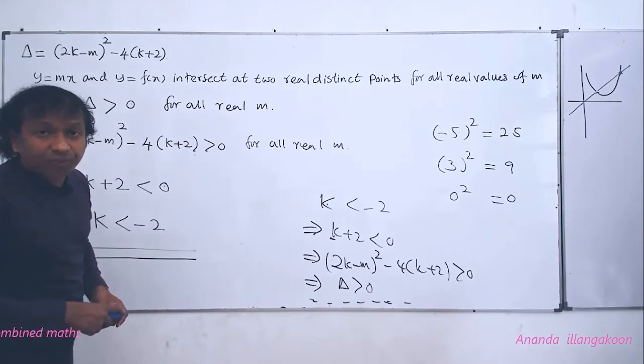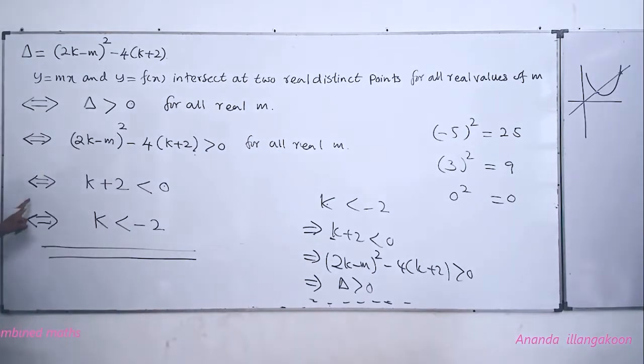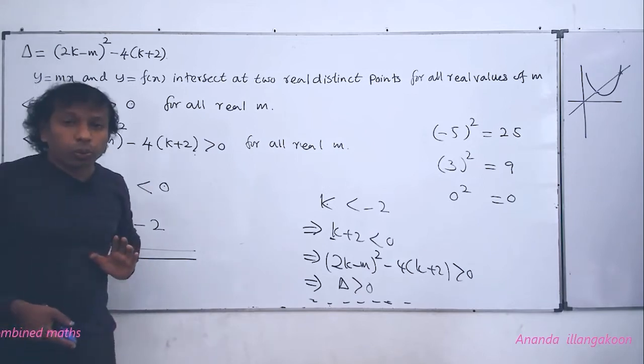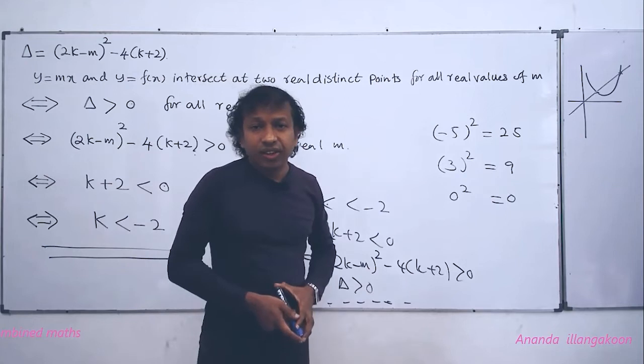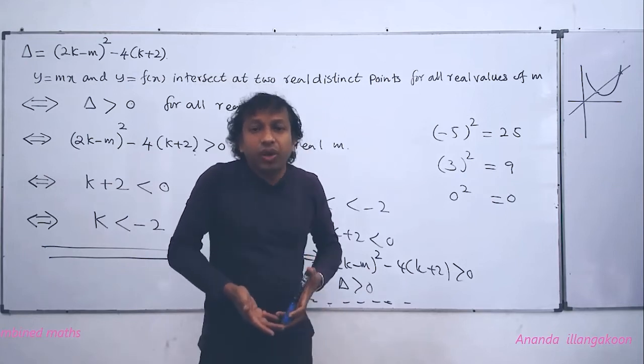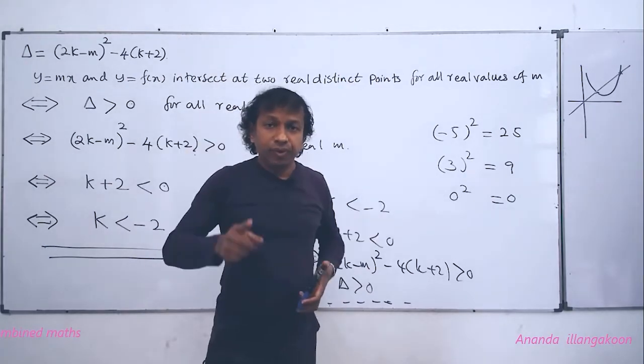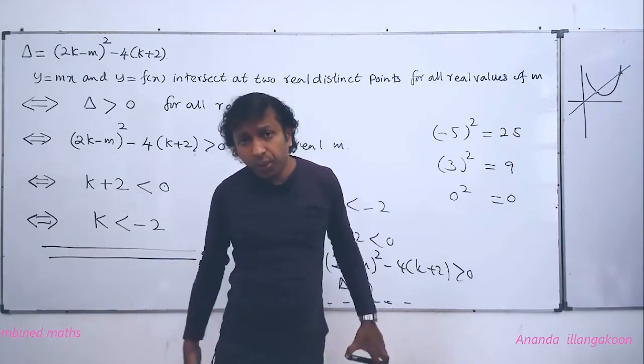So don't forget to put this backward arrow. Only the forward result you have completely proved. For the backward result, you have to go from the last step up. To show that, you have to put backward arrows.